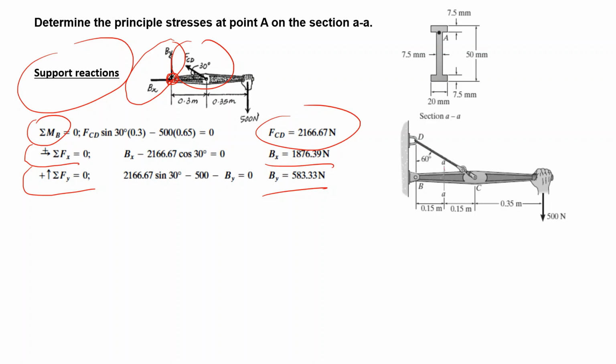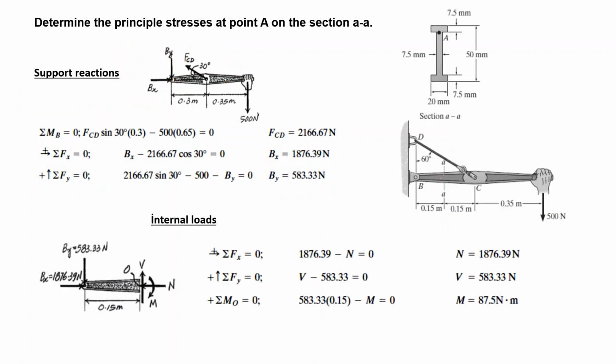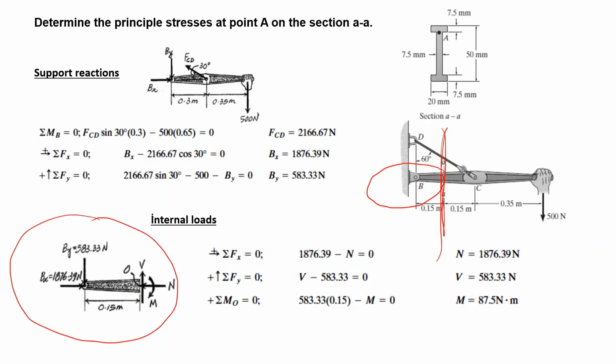Now we go to my section AA, where we cut through this section and take this left side. And we know at point B, I have determined the support forces.